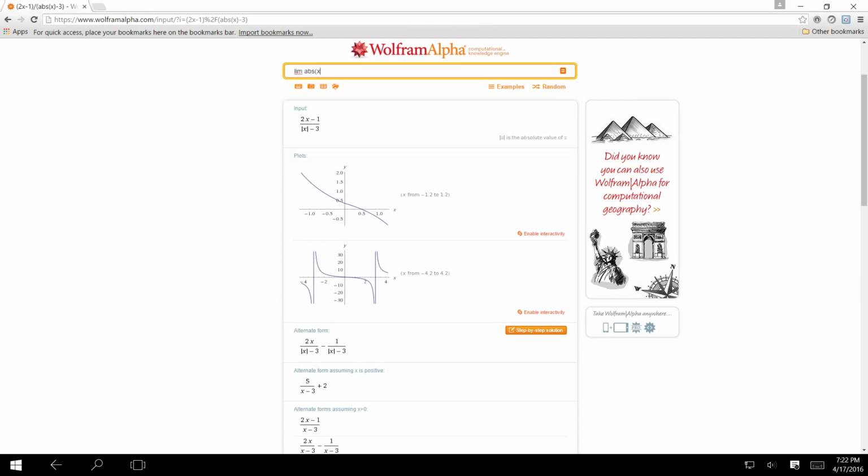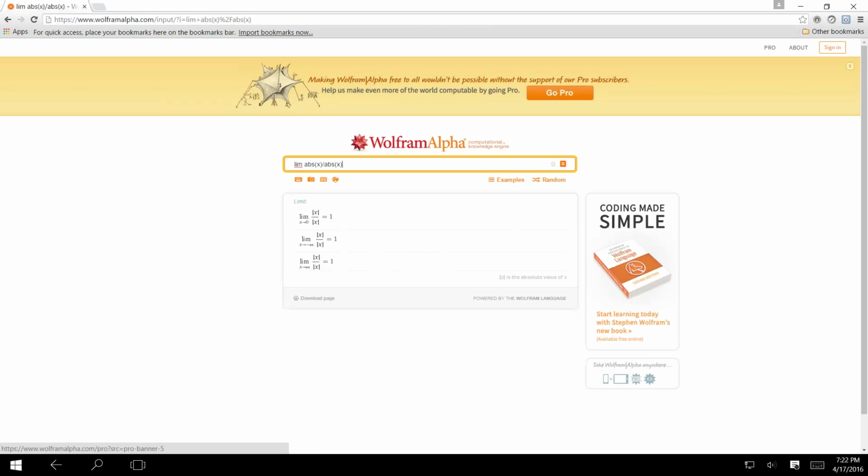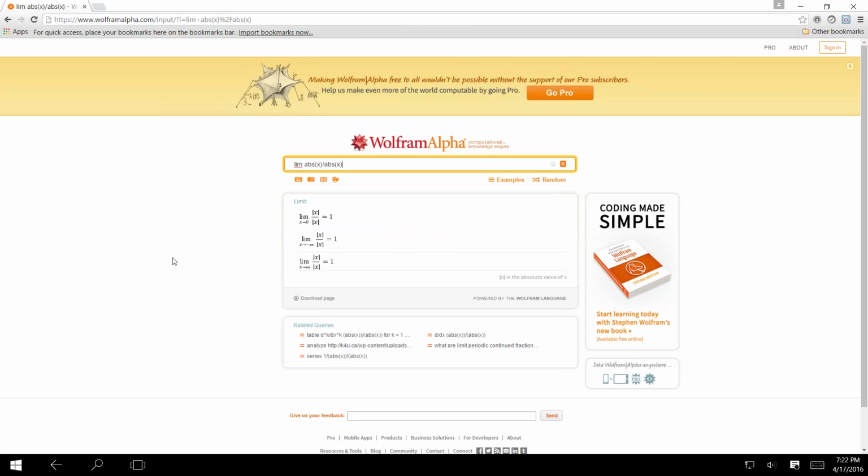I think it assumes infinity. And notice it gives you both, since I didn't put in what x was going to. As x goes to 0, it goes to 1, and as x goes to negative infinity, it goes to 1, and as x goes to positive infinity, it goes to 1.